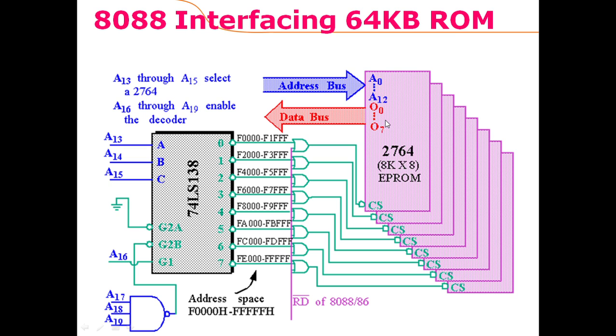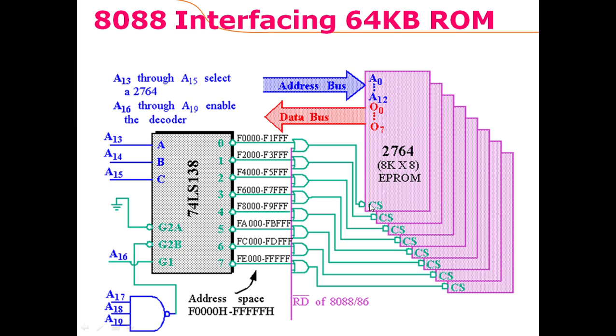So every chip has 8 output pins, and these 8 output pins are connected to the 8-bit data bus lines. So if data is to be read from either of these chips, that data would be read through this 8-bit data bus. And similarly, to locate a location inside either of these chips, the 13-bit address is sent to all of these chips.